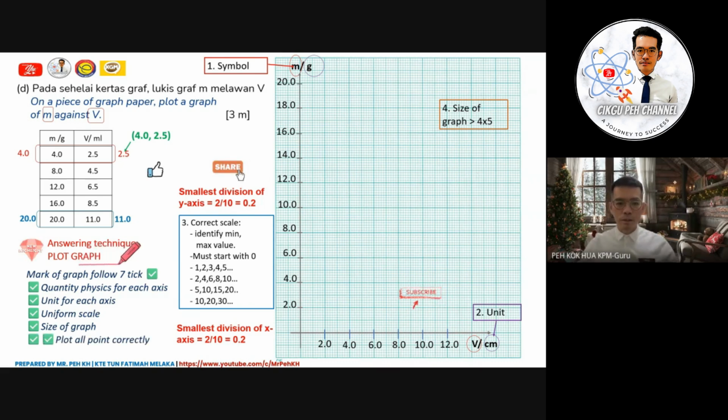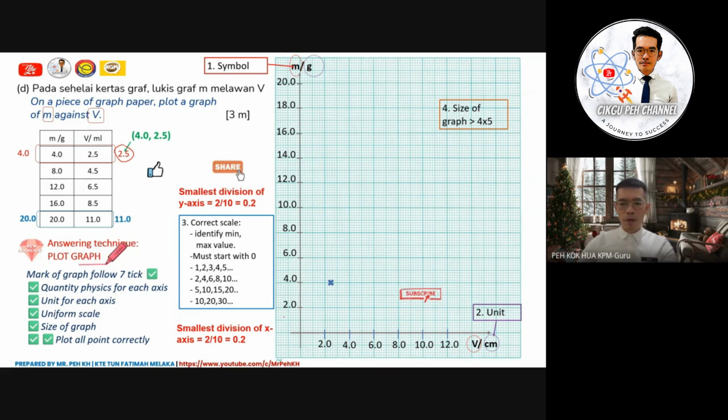Okay, so the next is criteria number 5: plot all points correctly. You will get another 2 ticks if you plot correctly. The first point starts with V 2.5 and then Y 4.0. So this will be our first point.